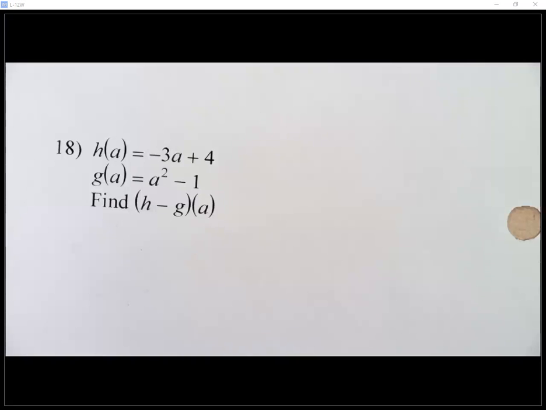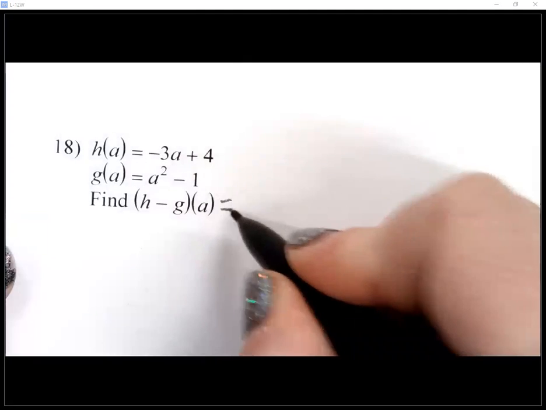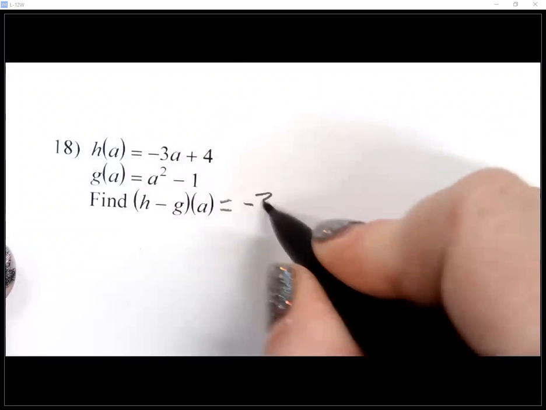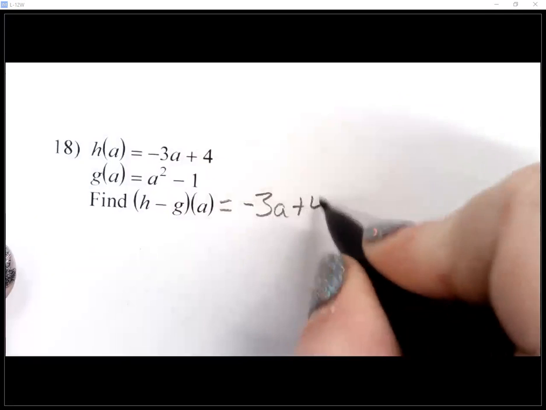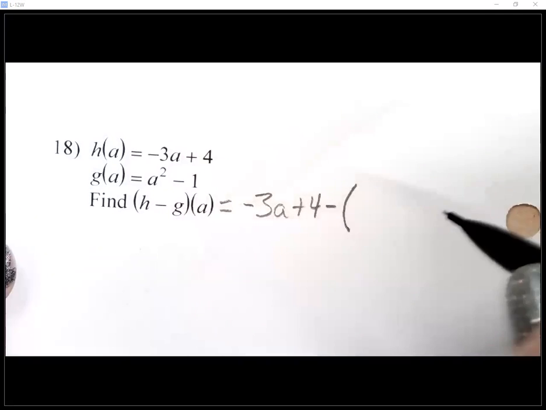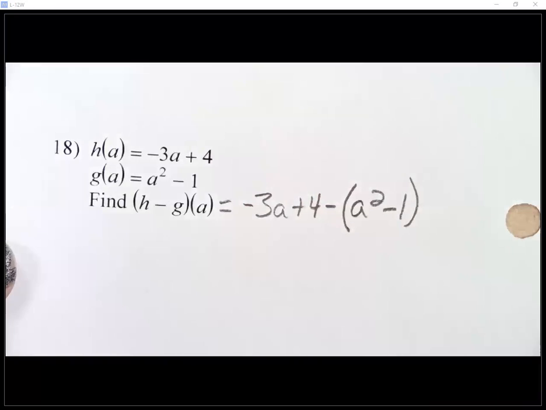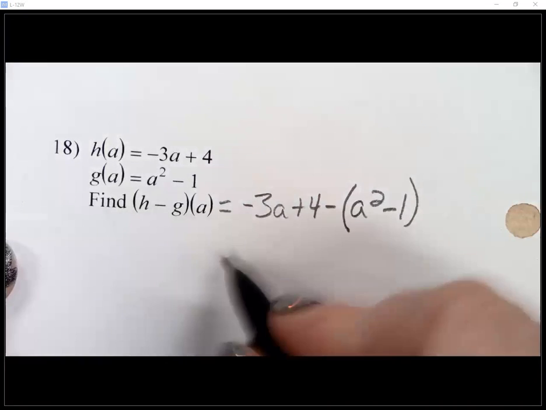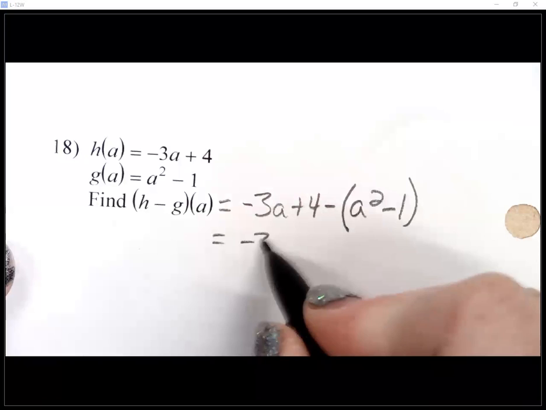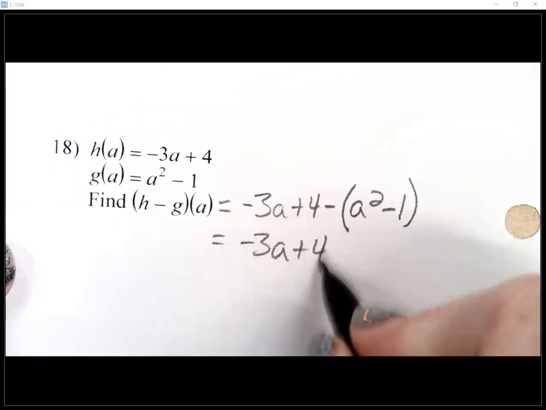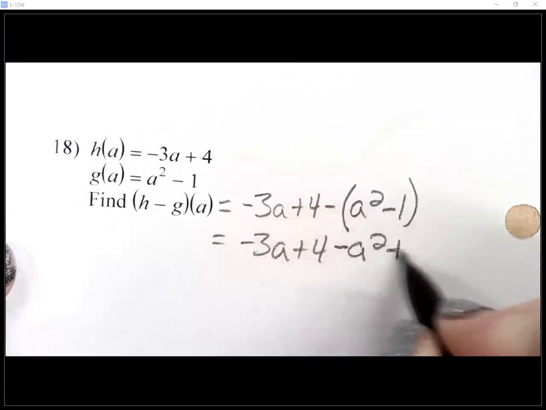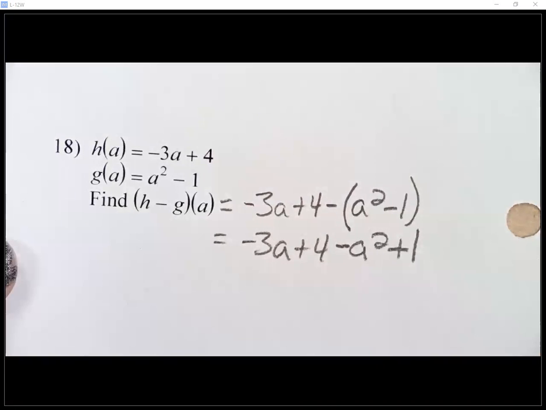All right, so I hope you all started off by doing -3a plus 4 minus the entirety of g, a squared minus 1. I hope you then distributed. If you don't have a +1 on the end, you did not distribute.